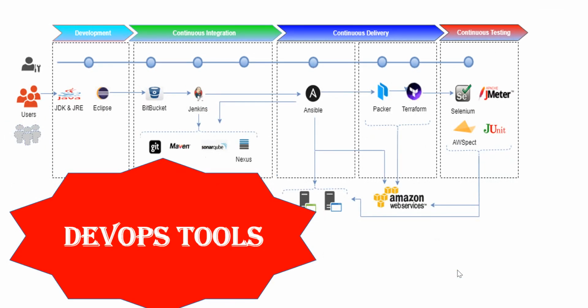So let's say in DevOps tools, these are the DevOps tools which are definitely going to help from the developer's perspective, continuous integration perspective, continuous delivery, and continuous testing, followed by the cloud.